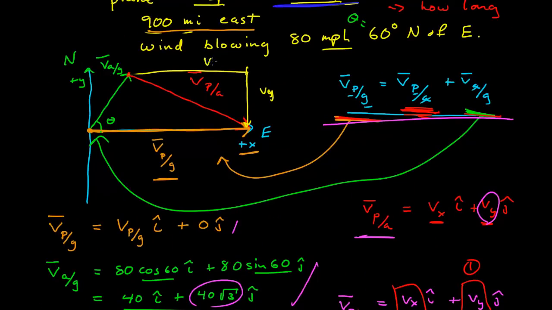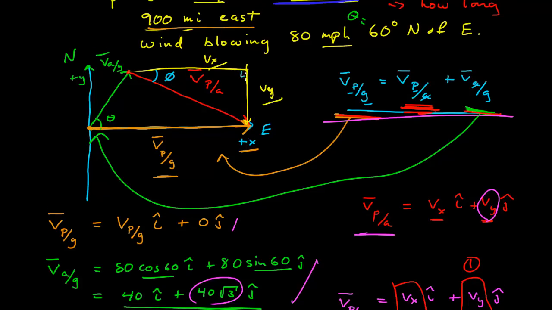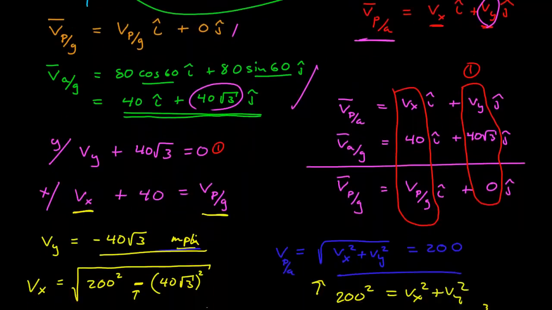So this is vx and vy, and that allows me to find the direction because I can find this angle phi south of east that I need to point my plane relative to make this velocity vector. And using trigonometry, that's a right triangle.